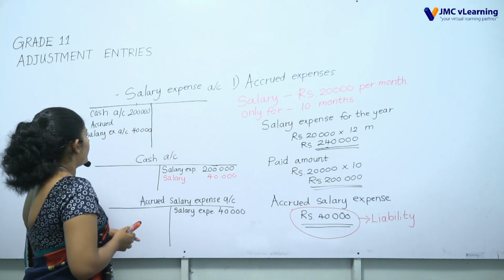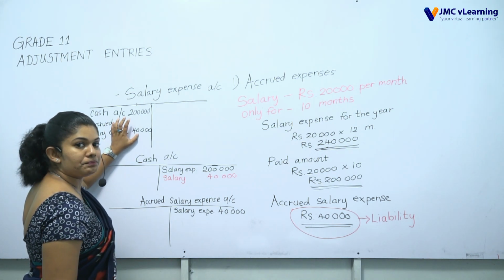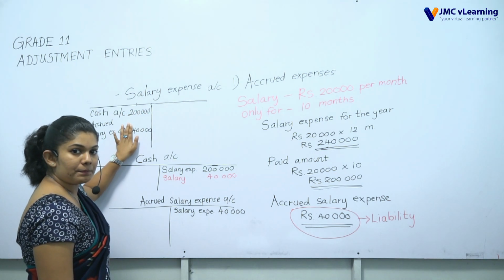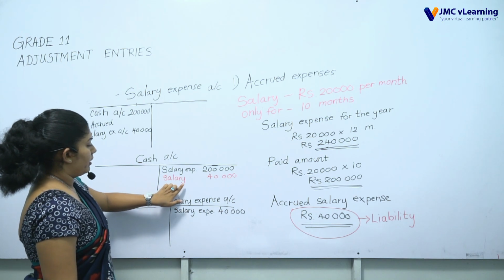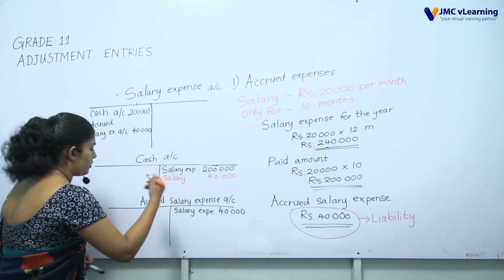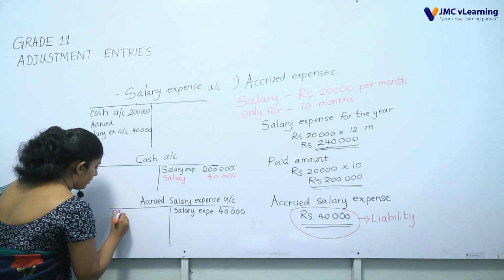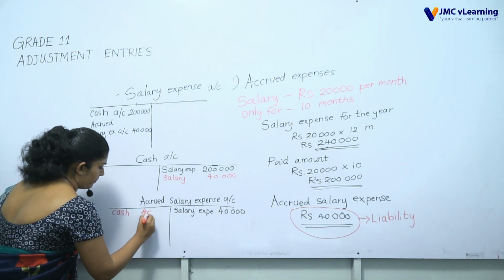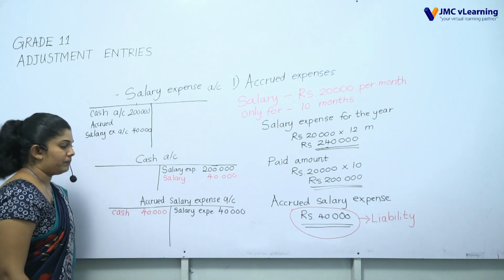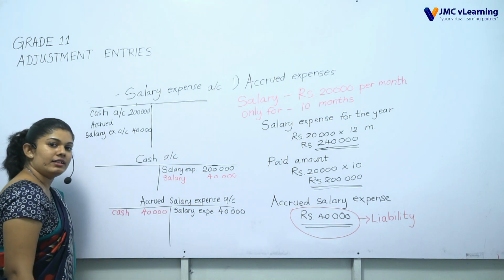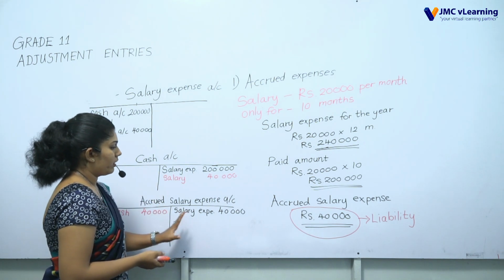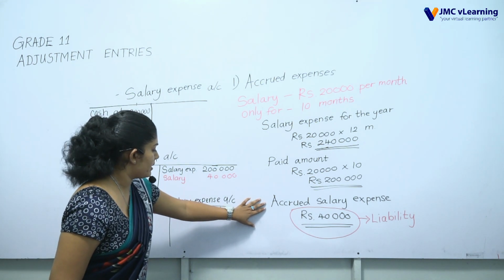But we can't record it in here because we have already recorded the total amount of salary expense. So, here the credit entry is salary 40,000. The debit entry goes to the accrued salary as cash 40,000. This means the remainder is over, we have paid the amount. What happens? The account is cancelled.